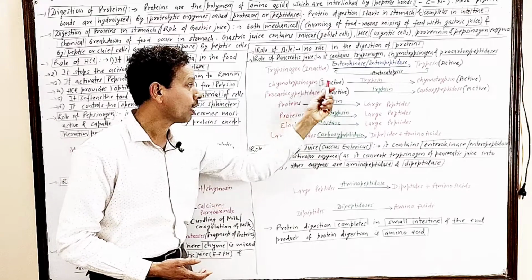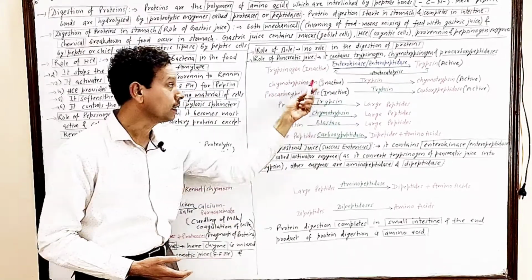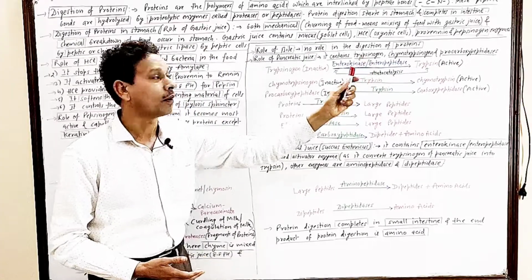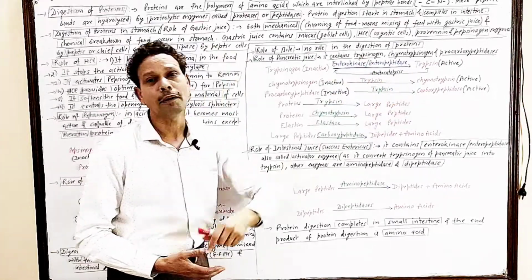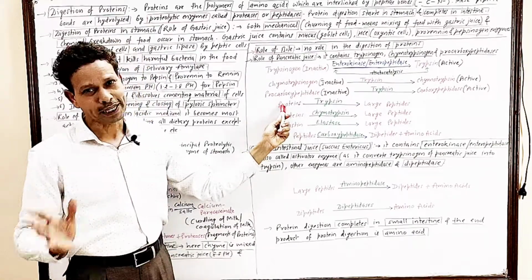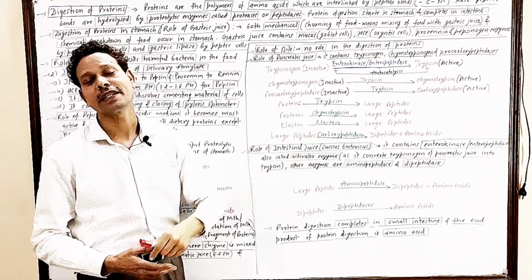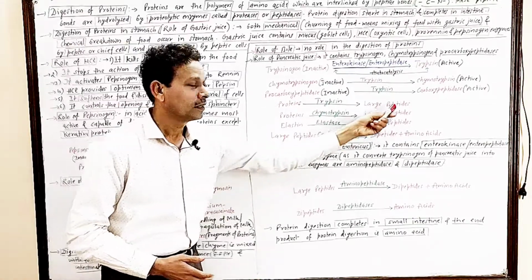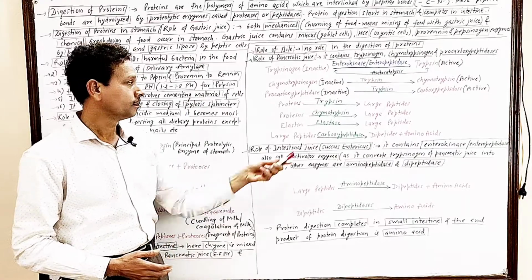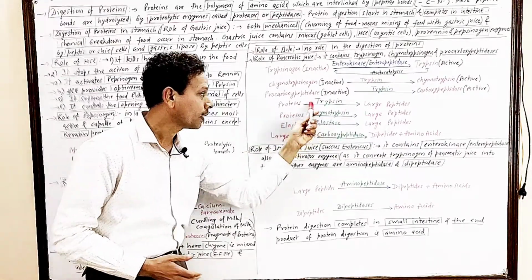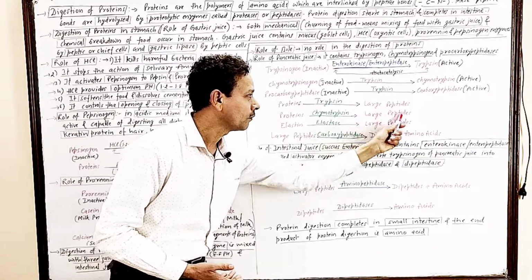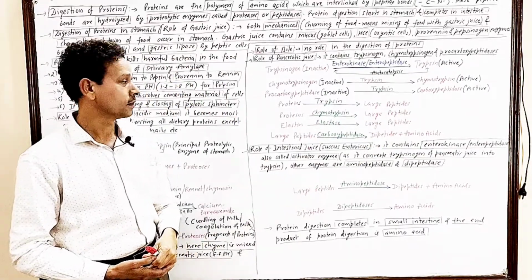And procarboxypeptidase, another inactive form, in the presence of activated trypsin becomes active carboxypeptidase. Now, proteins in the presence of trypsin and chymotrypsin are converted into large peptides.